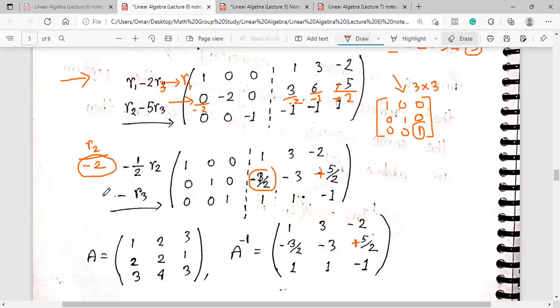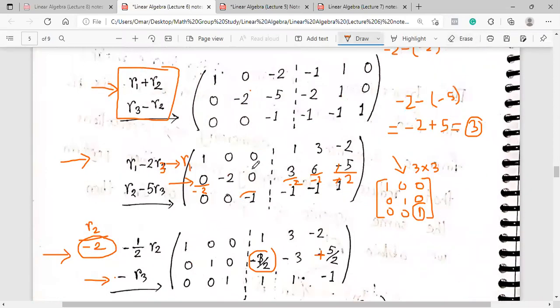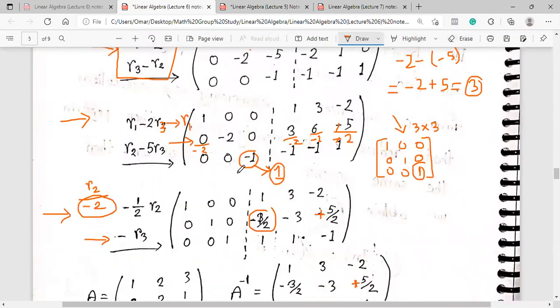Now let's see this row operation. We have minus 1 here, but we don't want minus 1. We want this as 1, right? That's why I multiply the third row with minus 1. So minus 1 into 0, that means 0.